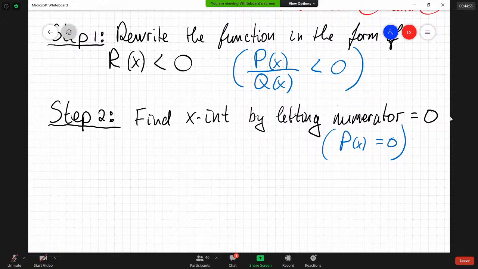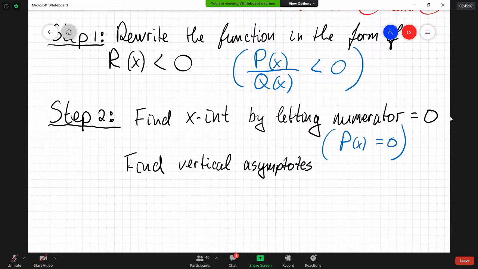But the other part of this is to find vertical asymptotes. They could be holes as well. So that's why it's important not to reduce your factors if you're solving a rational inequality, because if you reduce a factor and you ignore it and you don't mark it anywhere as a hole, then you would have lost out on the possible crossing between positive and negative.